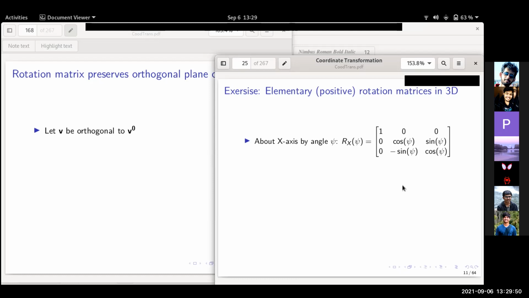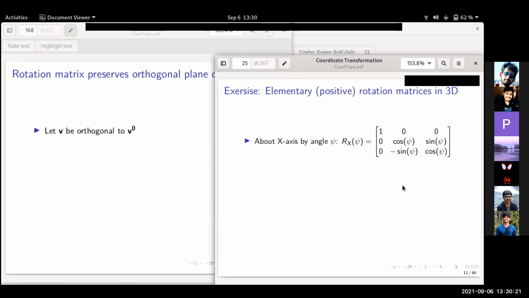So what you do is you multiply this expression. Can you give an example of a vector in the yz plane? What will be the component of x for a vector in the yz plane? 0, sir. So it will be 0, y, z. Can you make that assumption? Yes, sir. So if you multiply this matrix with that vector, what will you get?